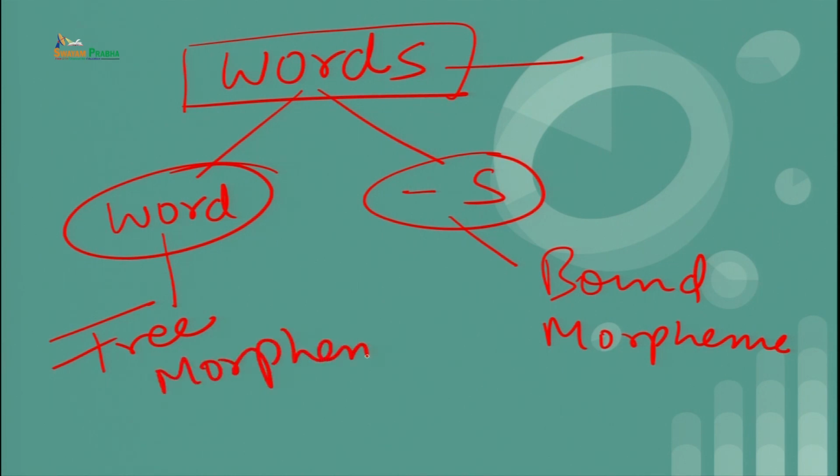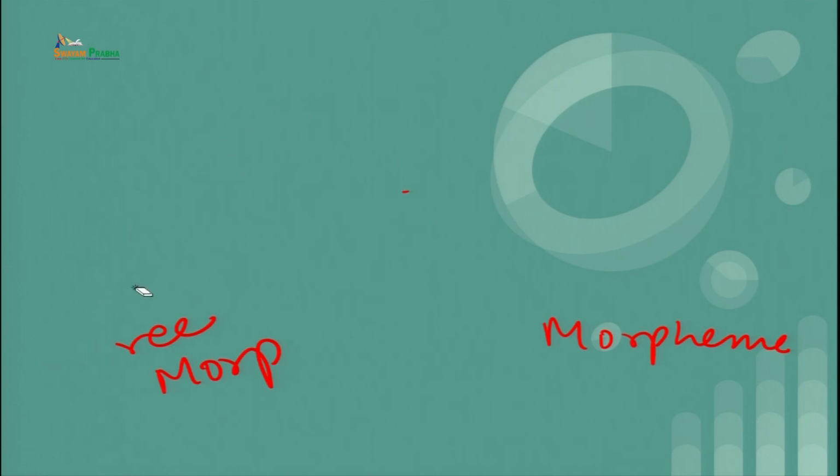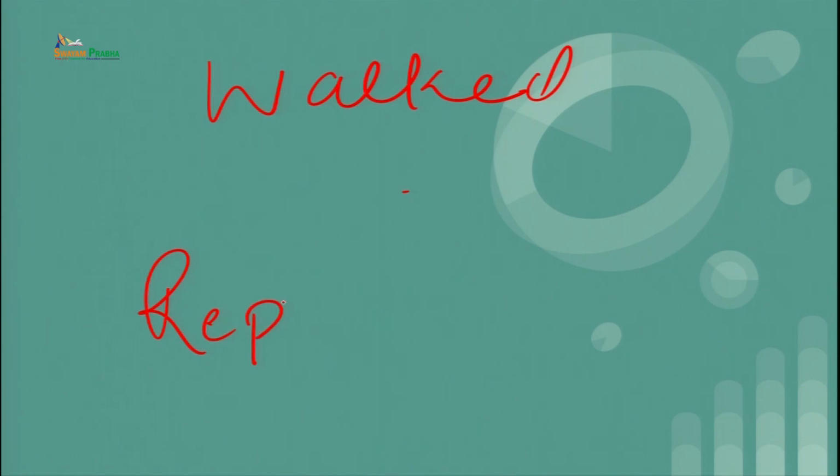To help you understand more clearly, I will take up another example which is quite complex, but easy to understand. Let us say "walked", or let us say "replacement". Now, in the word "walked", what do you see? Do you see a free morpheme and a bound morpheme?